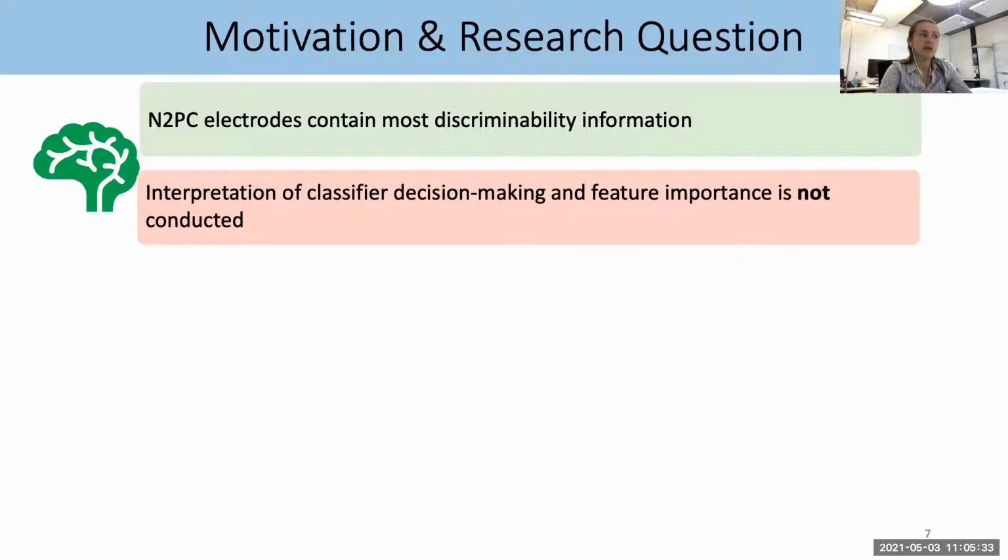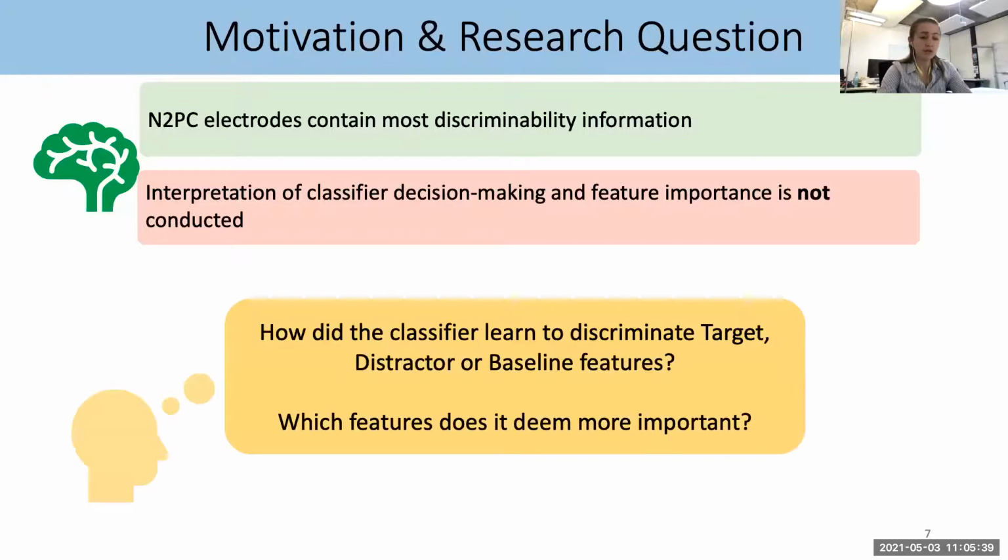None of the previous works have worked on interpreting these classifiers. So this begs the question: how did the classifier learn to discriminate the target, distractor, and baseline features, particularly for my previous work? And which features are the most important for the classifier to arrive at that decision?